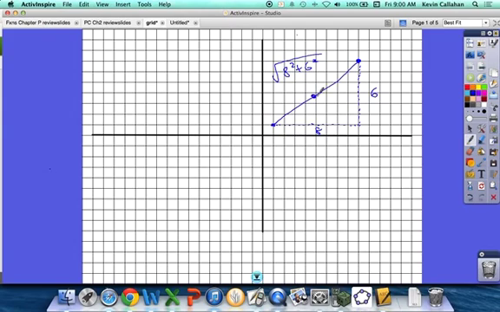How do we find that point exactly? Do you remember the math behind that one? It's the average of the x's and the average of the y's, right? You're going to add up 1 plus 9, divide by 2, and that should be 5. Add up 1 plus 7, that's 8, divide by 2, that's 4.